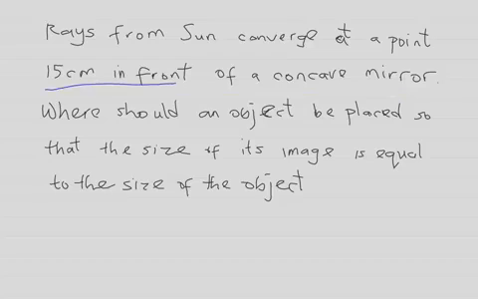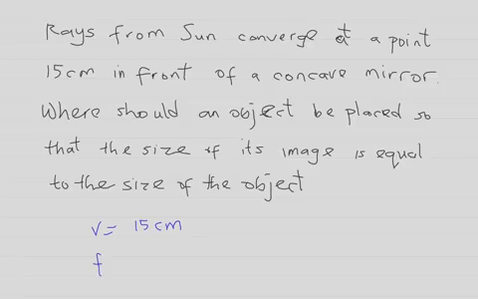So this 15 centimeters is the image distance, because it's 15 centimeters in front of the concave mirror. Now that means V is equal to 15 centimeters, and since it's in front, it's going to be positive. If the object is from a very far distance, it's going to converge at the focal point.